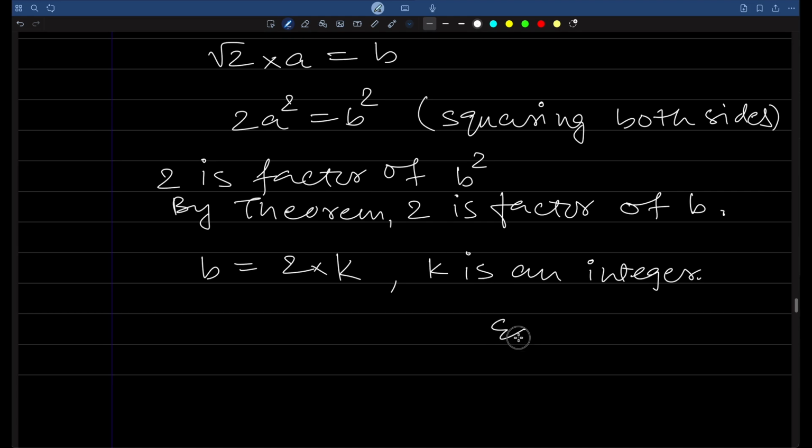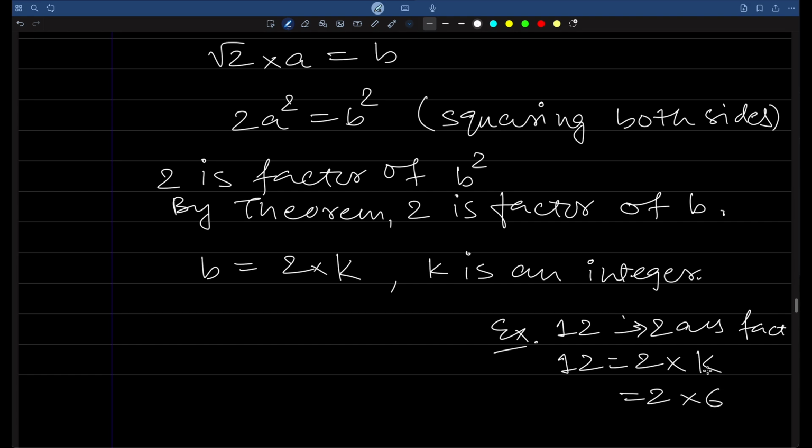If we take one small example to understand this, that is 12, we have 2 as one of the factors, so we can write 12 equals to 2 into some other constant, that is 2 into 6. This is similar to that. If 2 is the factor of b, we can write b equals to 2 into k.